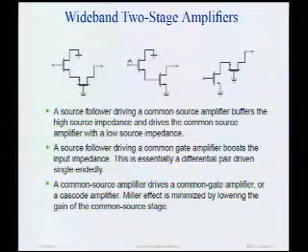So if I drive this amplifier with high source impedance and I use this source follower, the source impedance now is roughly 1 over gm, the source follower output impedance, which can be very small if I can push enough current through that device. So I fix the source impedance to a low enough value so that, let's say, the Miller capacitance doesn't degrade the bandwidth too much. So this is one way to do it.